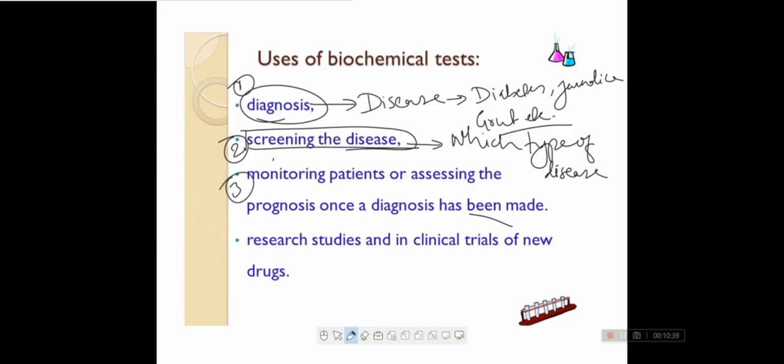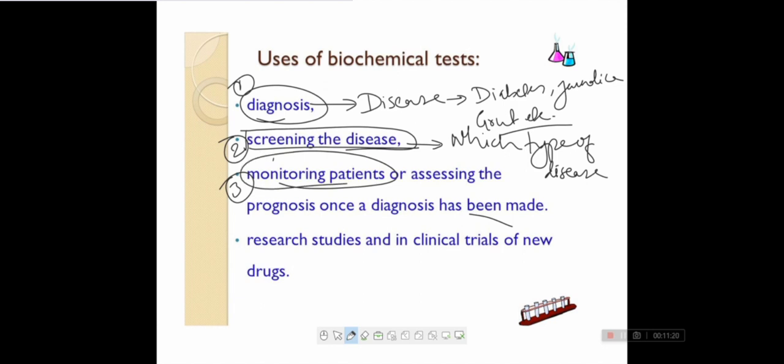Third is monitoring the patient or assessing the prognosis once a diagnosis has been made. When biochemical tests are performed and the disease is diagnosed, meaning which type of disease the person is suffering from is identified, after that the patient is monitored.